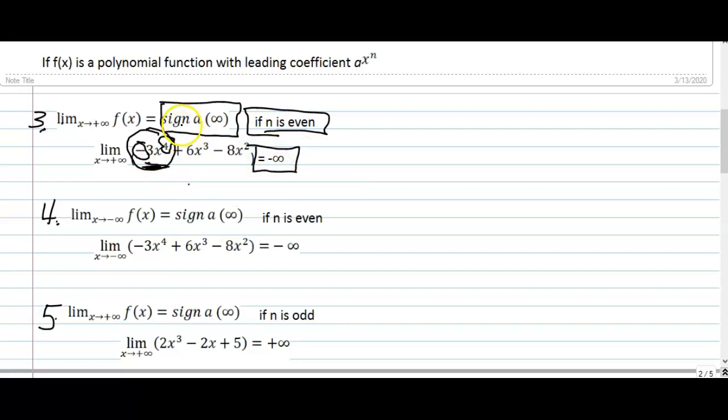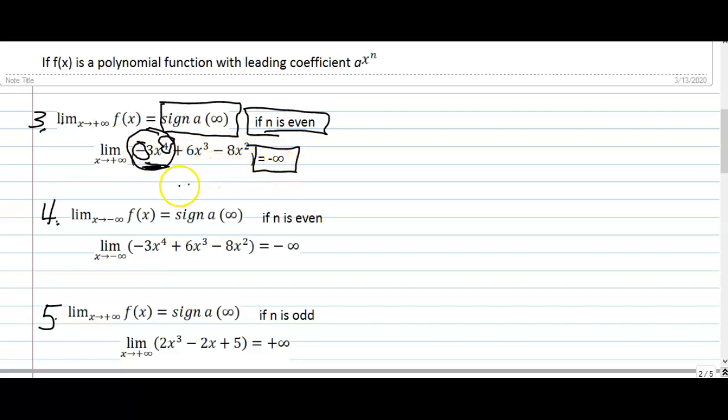So basically what we're doing is, if n is even, which in this case is, and x is approaching positive infinity, that simply gives us whatever the sign of the leading coefficient is times infinity. So this is a negative sign, so that would be equal to minus infinity.